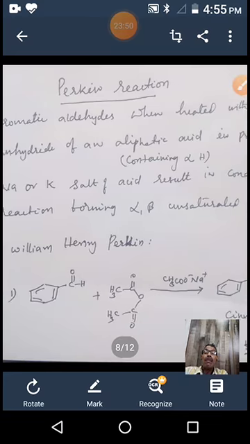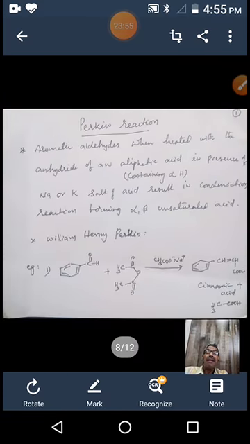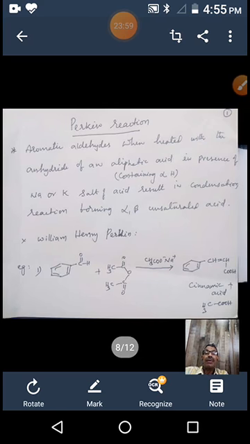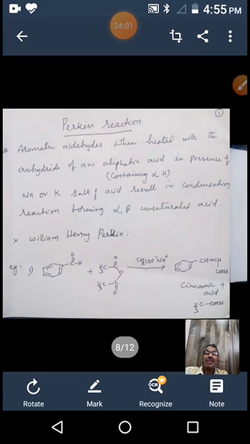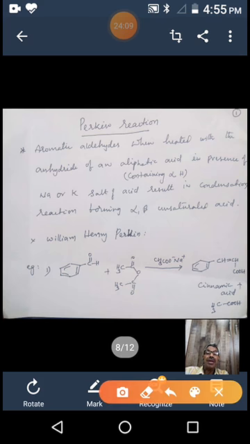So first, what is the Perkin reaction? Aromatic aldehydes, when heated with the anhydride of an aliphatic acid in the presence of the sodium or potassium salt of the acid, undergo a condensation reaction forming an alpha beta unsaturated acid. This is a reaction of aromatic aldehydes without alpha hydrogens.